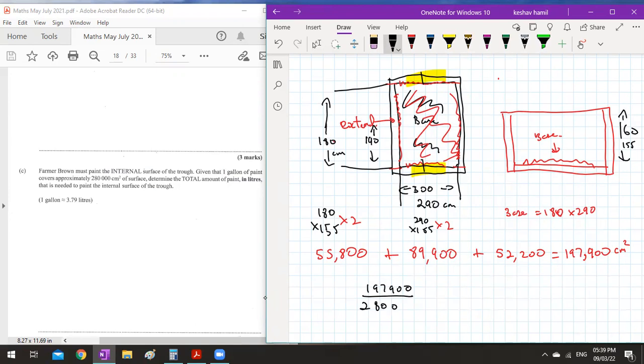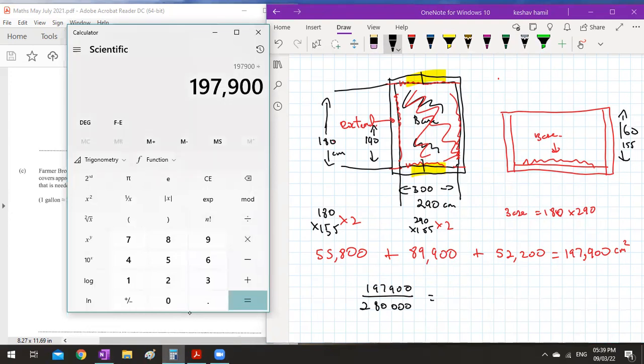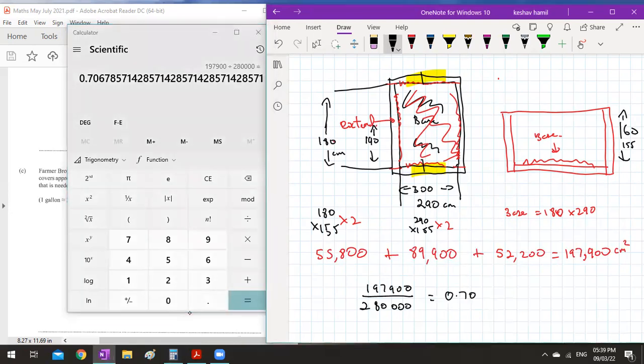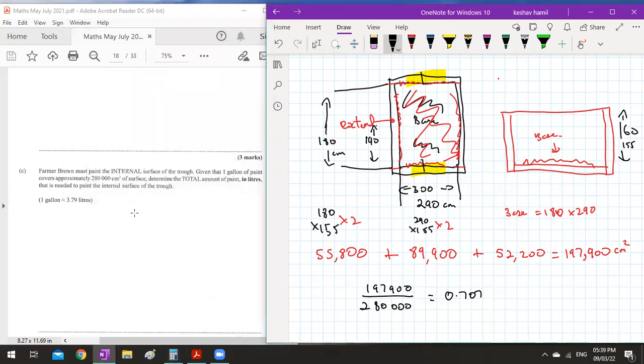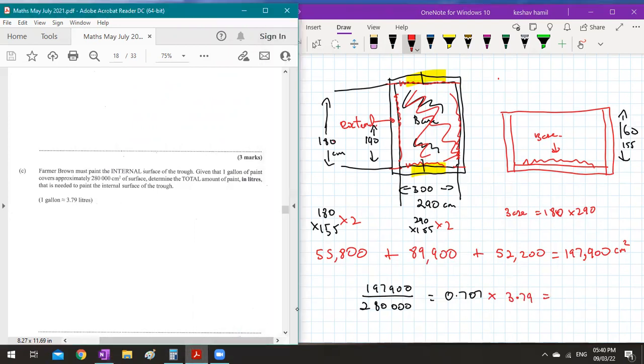So it's 0.707, let's go 3 decimal places. Now, if 1 gallon is 3.79 liters, we're not going to use a whole gallon, so we're going to multiply by this ratio to get the amount in liters. So basically, this is how many gallons we're going to use, which is 0.707 gallons.